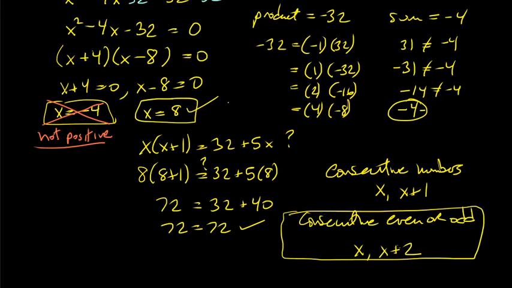So consecutive even numbers, consecutive odd numbers, you have to add 2 to get to the next consecutive even or odd number. But if it just says consecutive numbers, that's just the next number, 1, 2, 3, and so on. Just add 1. All right, so I hope that helps.